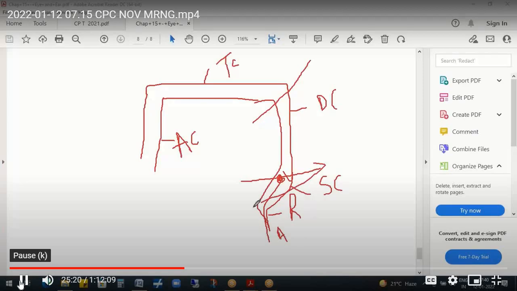The end tip of the catheter is in sigmoid colon. We call it as proctosigmoidoscopy. So can you repeat once?